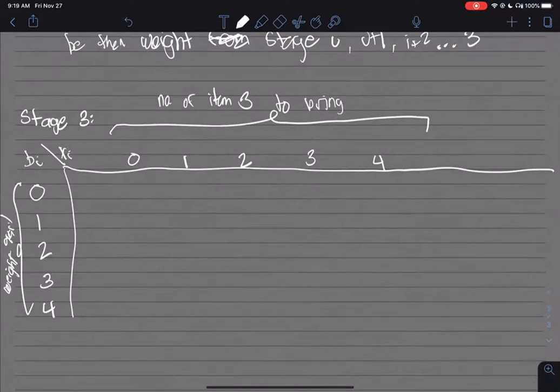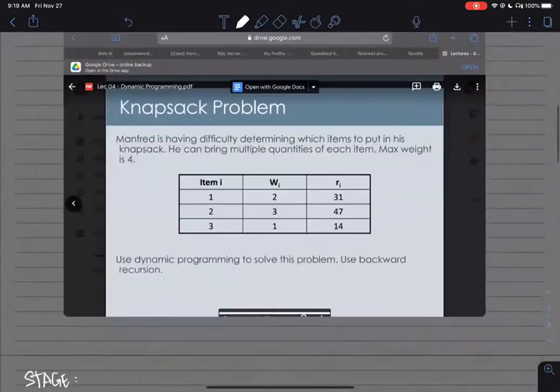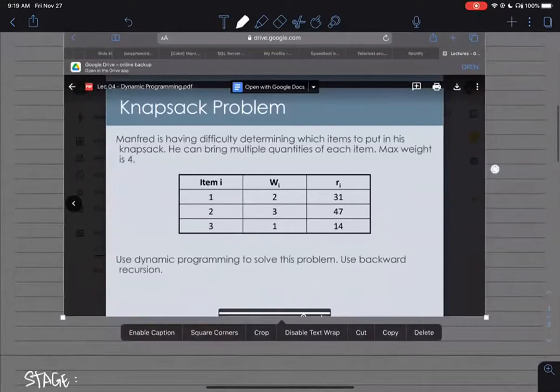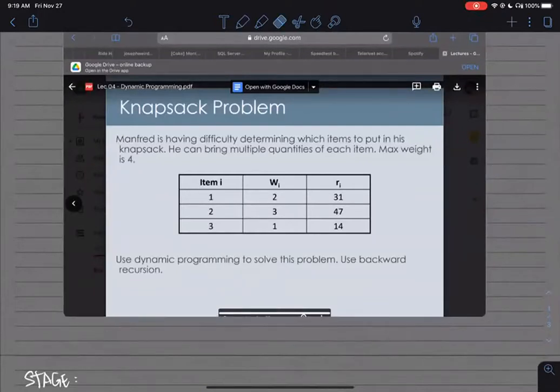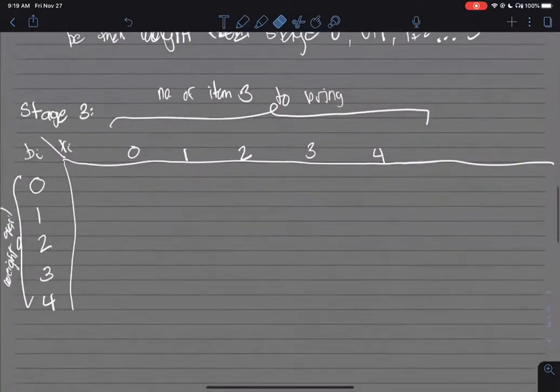Yes. If I bring 0 items of item 3, what is my reward points? 0. Because technically that's 14 times 0. 14 is the reward points, 0 is the number of item 3. So I get 0 reward points.